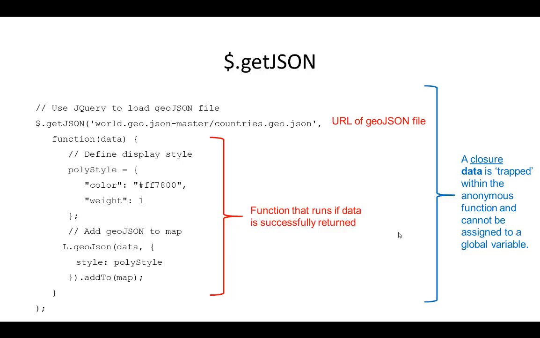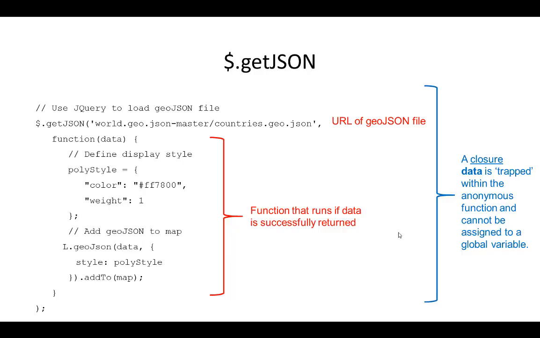Then, comma, and the second argument is what's called an anonymous function. It's a function without a name. Function, and then it has this word data there, a variable, an argument data. This function starts here and stops there, and this function runs if the jQuery GeoJSON request is successful.